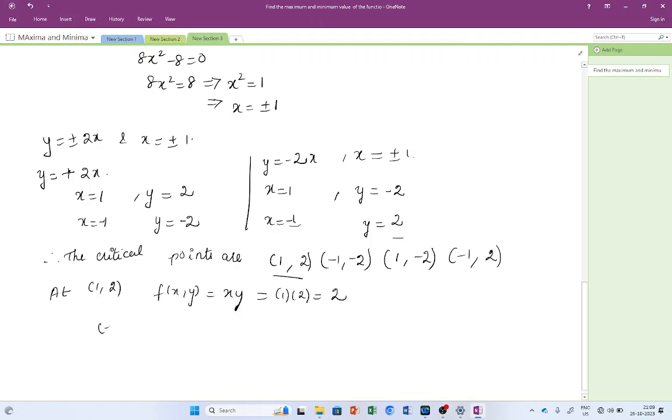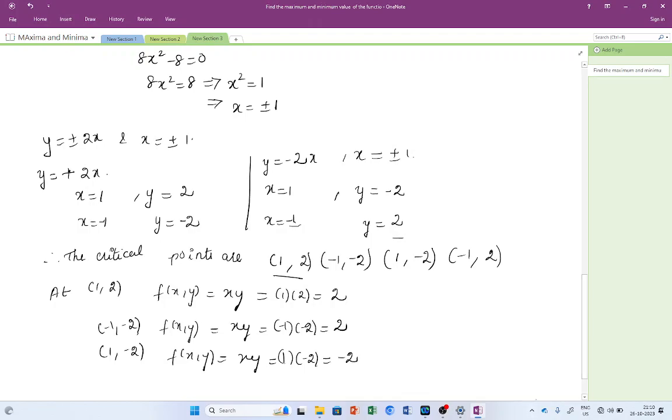At (−1, −2), f(x, y) is again xy, which is −1 into −2, which is again +2. Now at the point (1, −2), f(x, y) is xy, which is 1 into −2, which is equal to −2.